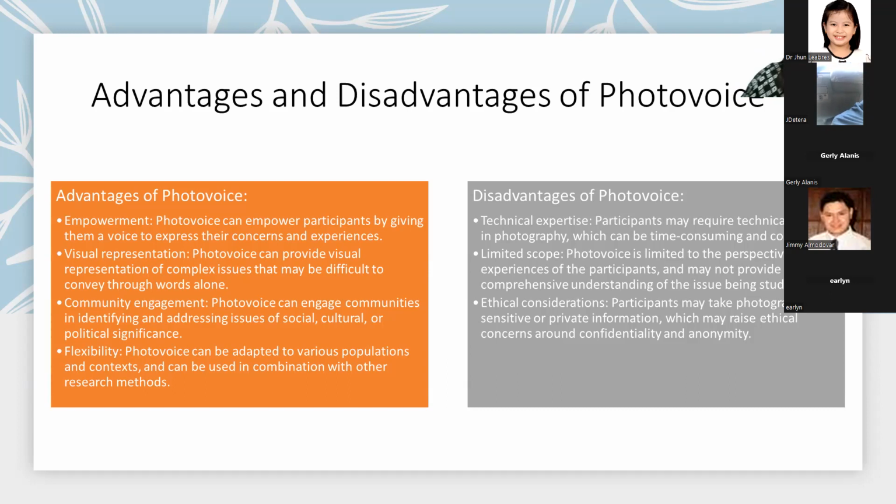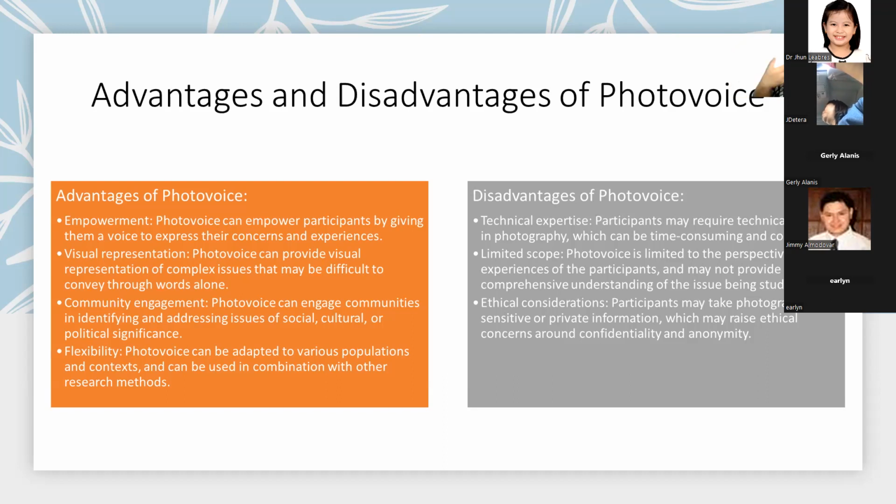In photo voice, you have to do a little seminar for the participants because there should be technique. There are certain angles, okay, rule of thirds, the light and dark. So in short, it should be a bit artistic.